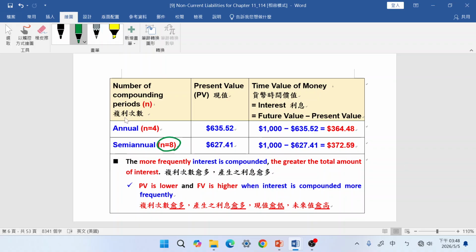It's quite important, right? It's like compounding power, 复利效果. So here I just want to show you compounding power, 复利的力量.